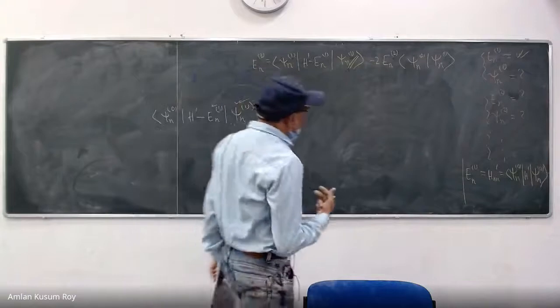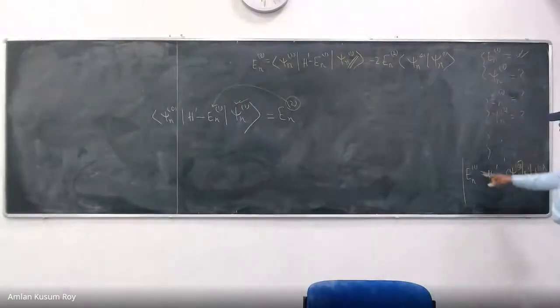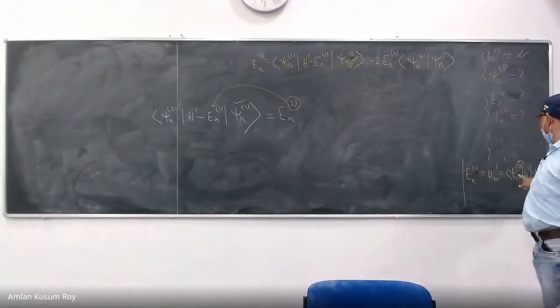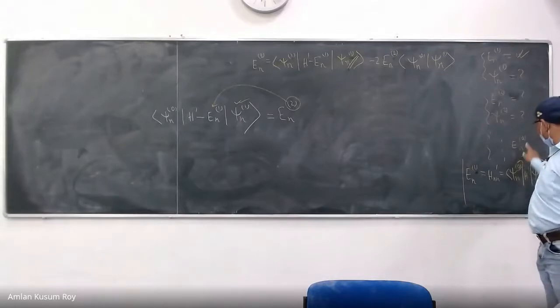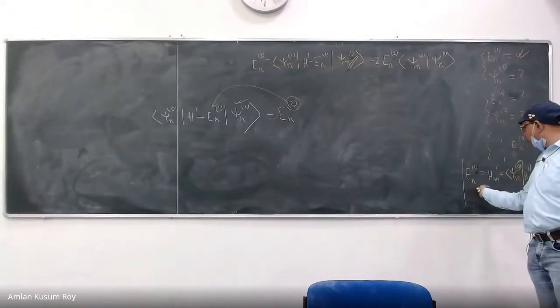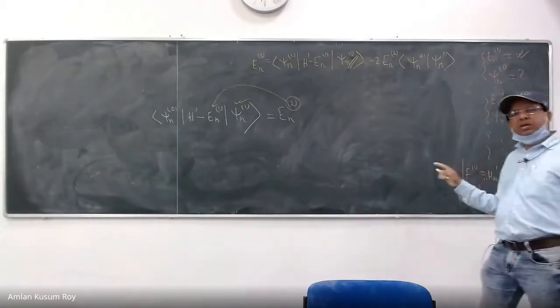What it means is that if I know the wave function at the 0th level, I can find out the energy. With the knowledge of the 0th order wave function, I can find out the first order energy, up to first order. Of course, I can find out the 0th order energy. That is not a big deal because that solution already has En0. But on top of En0, from psi n0, I can use perturbation theory to get En1, the first order correction.